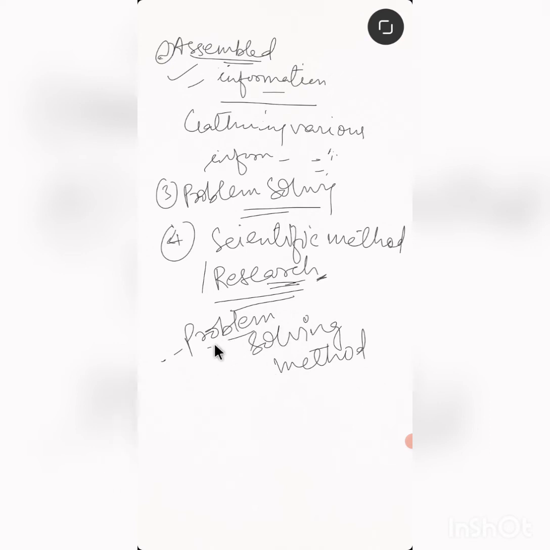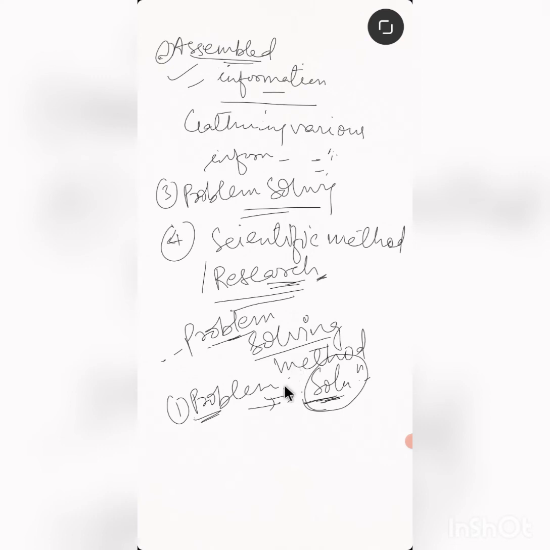As the name suggests, problem solving, it means there will be a problem, and we are searching for a solution for that. There will be a problem and we will find its solution, and we will search for the solution of that problem.